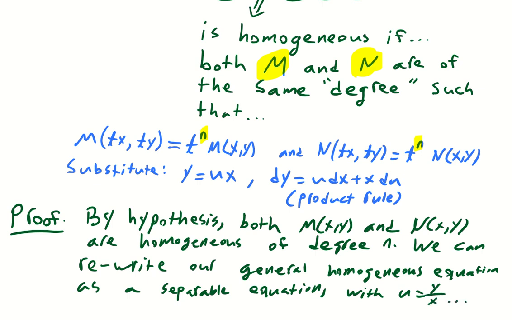So we're going to do a substitution. So by using the general form of the homogeneous equation and showing that by a certain substitution we can then get something that's separable, then we have proved that all homogeneous equations are separable.